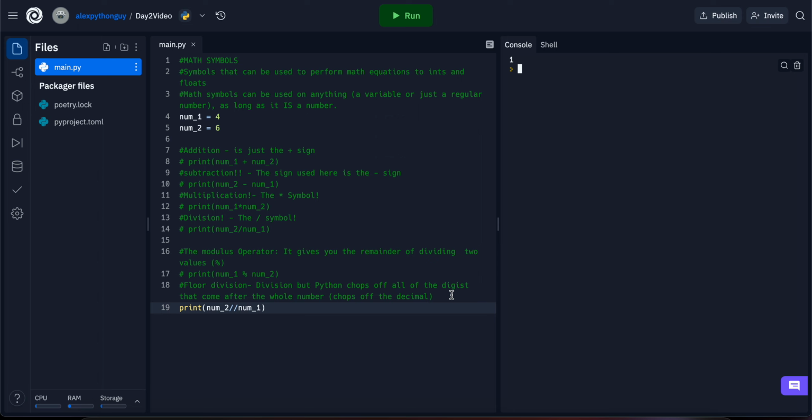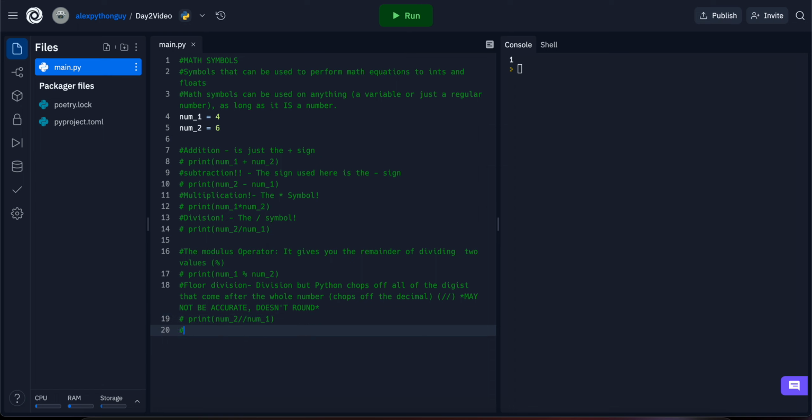So even if you had 3.99 as your answer from regular division, Python would still only give you 3 as an answer. So be careful with that one, because it may not be accurate. I'm just going to put the 2 slashes and a little note: may not be accurate, doesn't round.